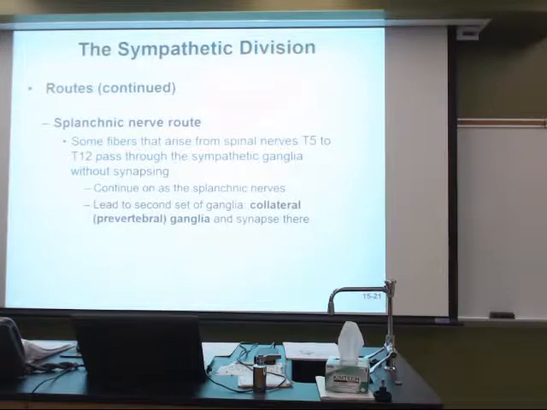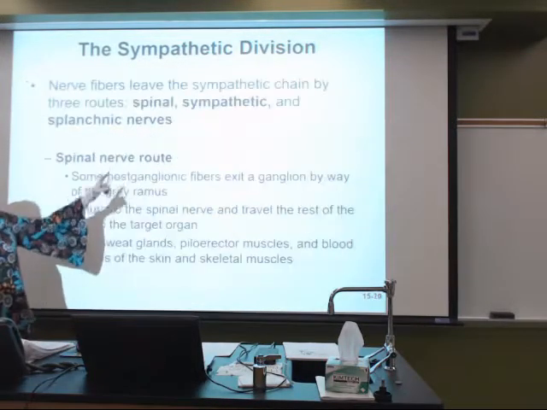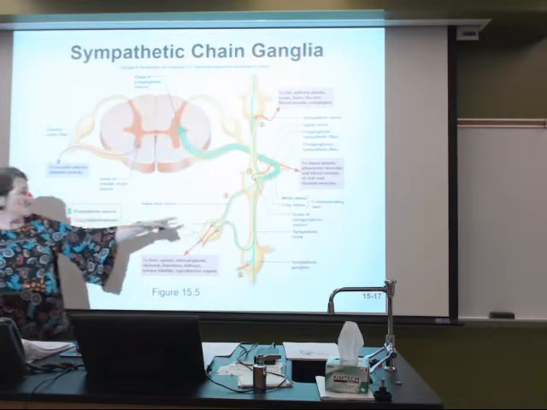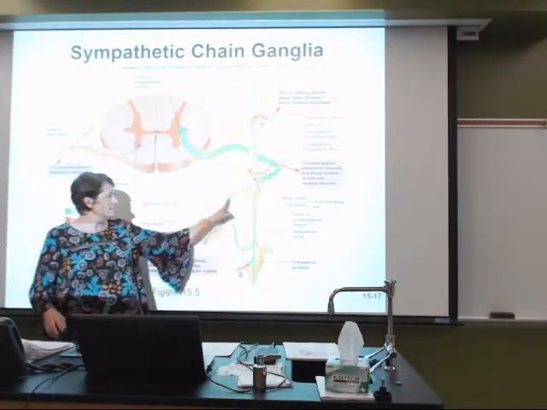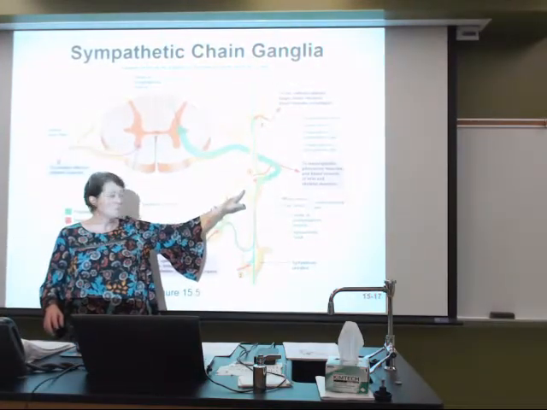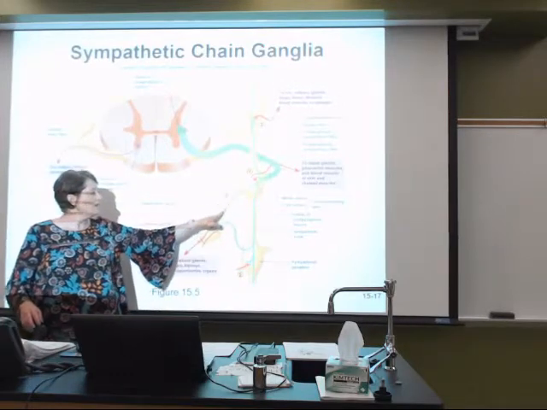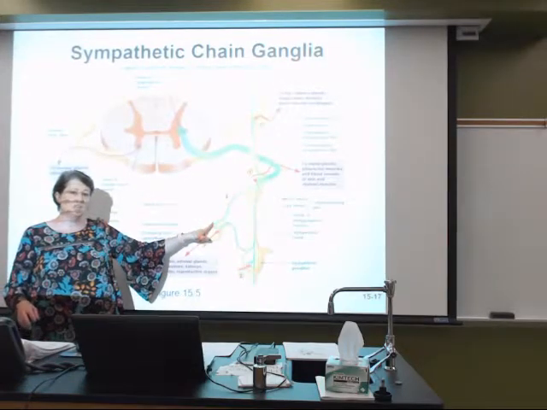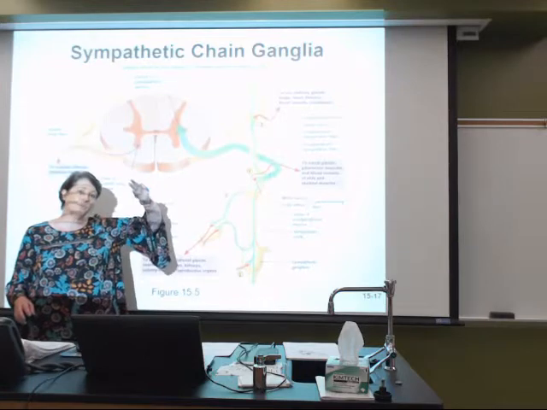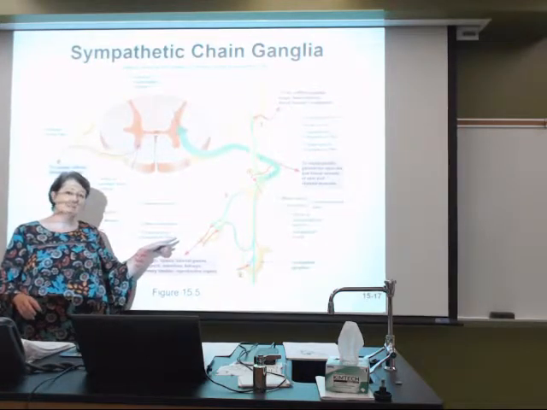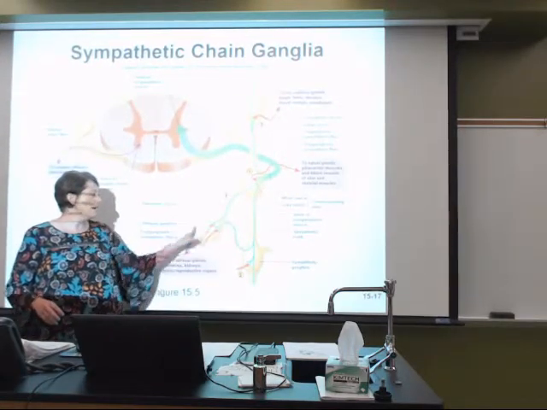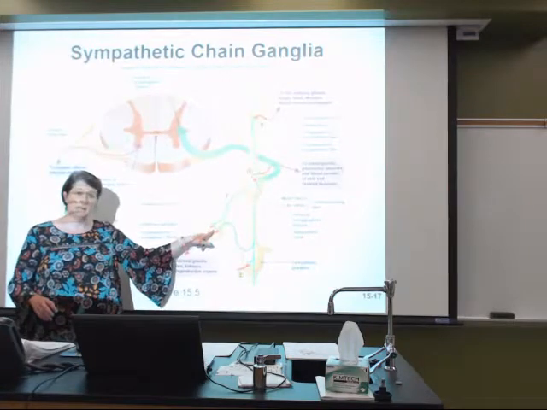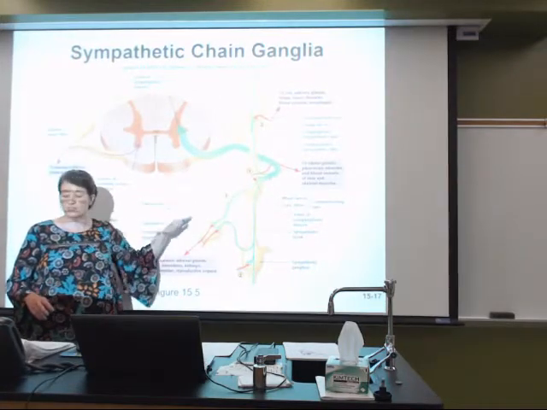So what's that nerve? It's just the way. It's just like a big nerve that, if you look at the structure of the chain, looks like it's just running off of the chain. And we've got 3 of the collateral ganglia, and they just make their way to a collateral ganglia and allow for the synapse.